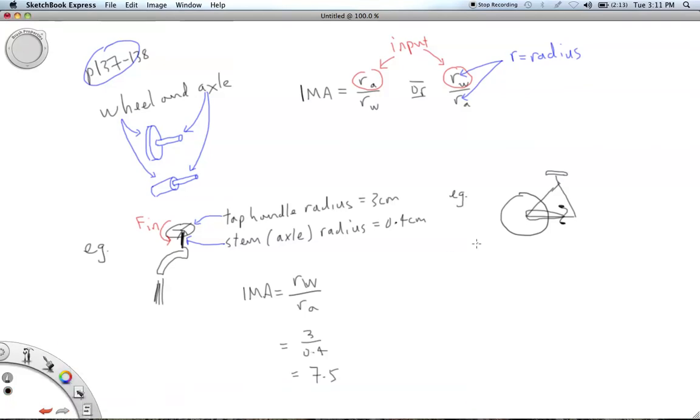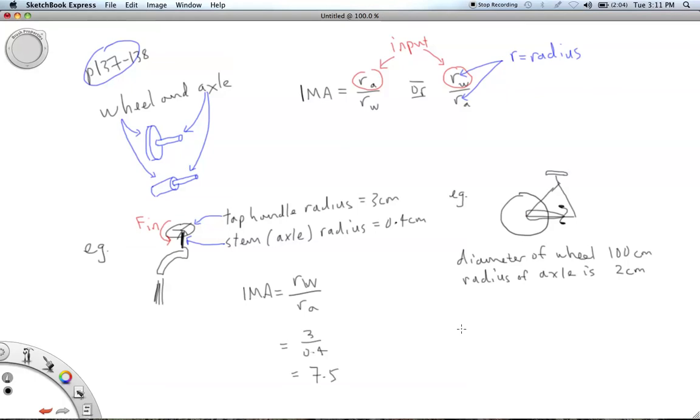Let's say the diameter of the wheel is 100 centimeters. Let's say the radius of the axle is 2 centimeters.